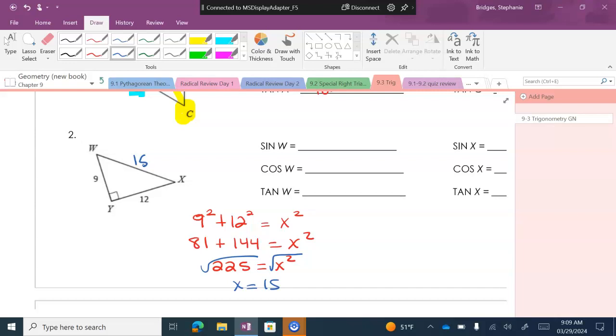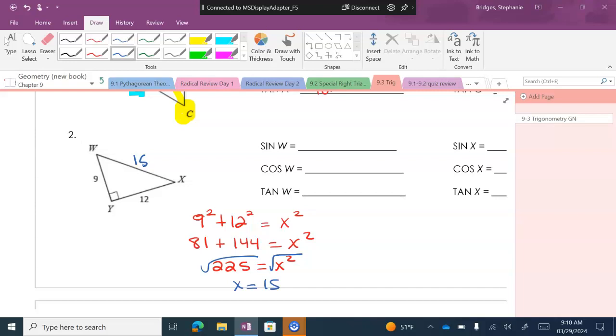What's cosine? And after that, it's tan, and it is opposite over adjacent.